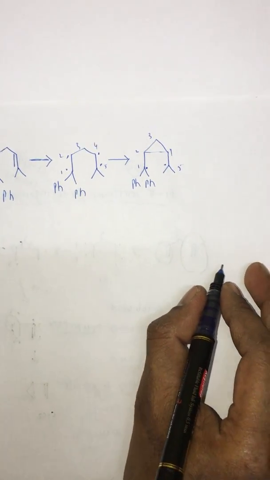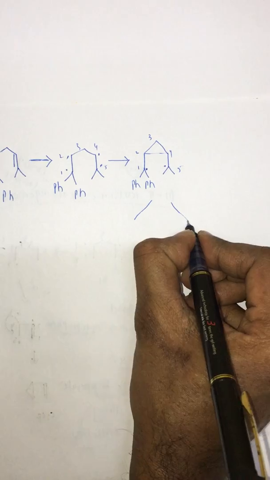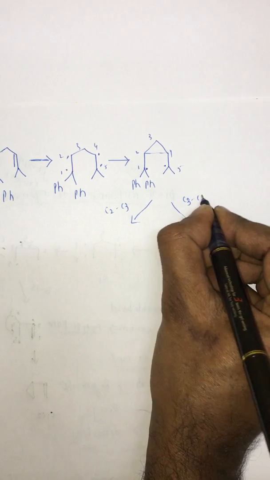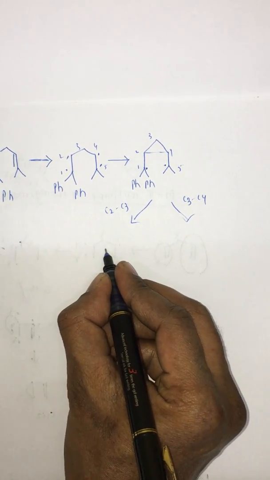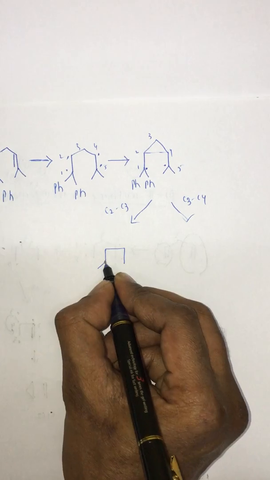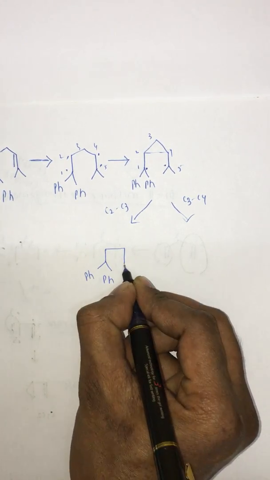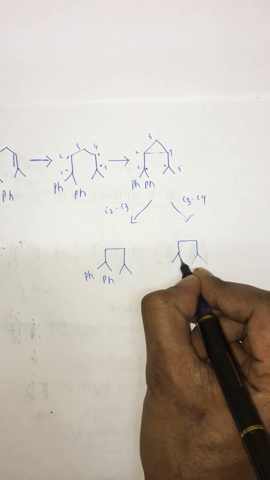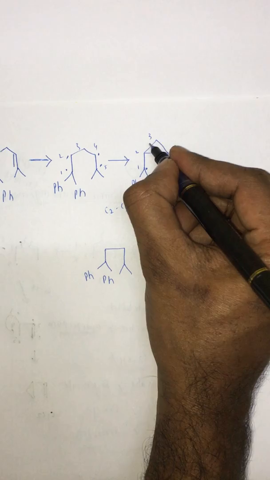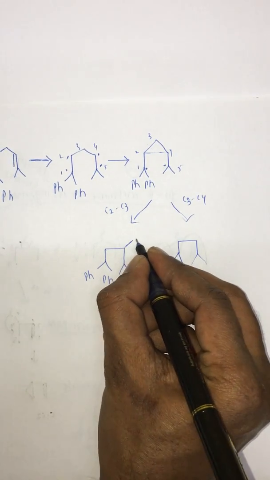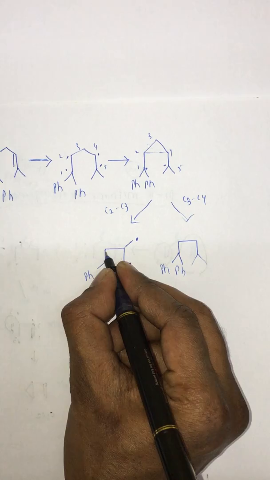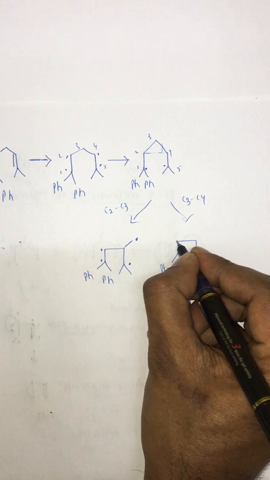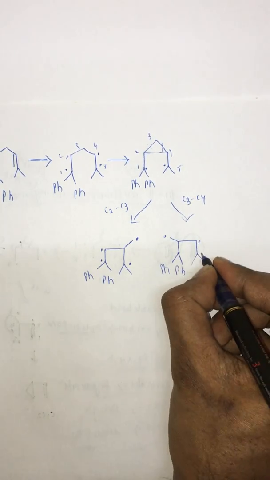1, 2, 3, 4, 5. Now here two possibilities are there: C2C3 break, C3C4 break. If C2C3 breaks, C3 comes here and this is free radicals, and if C3C4 breaks, C3 comes here and here this one.